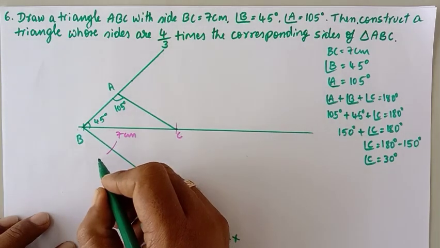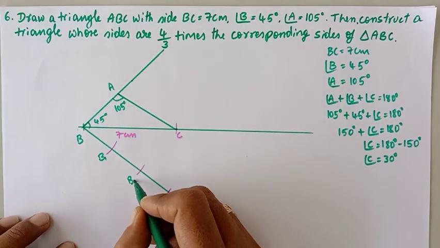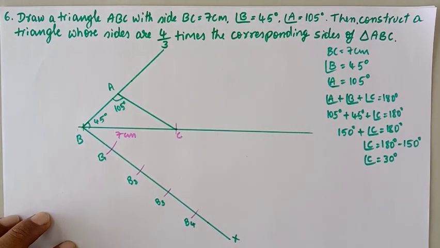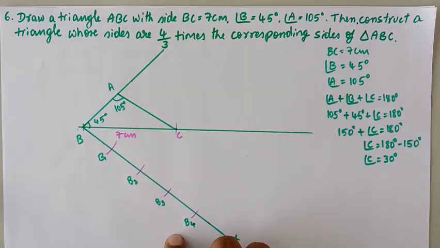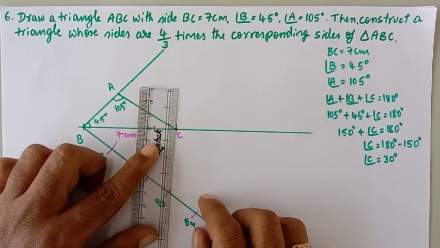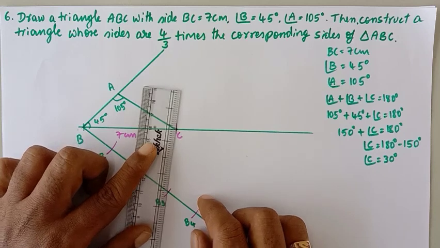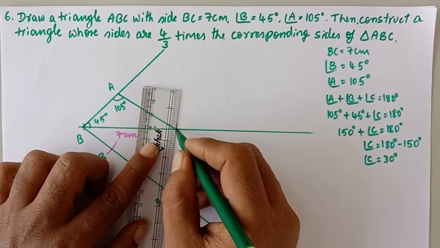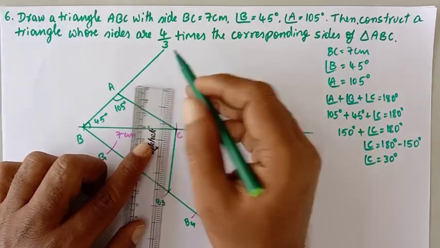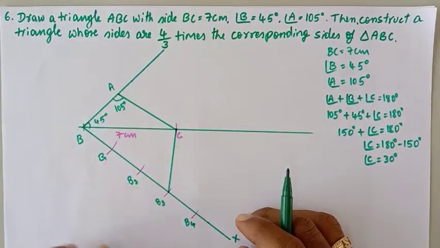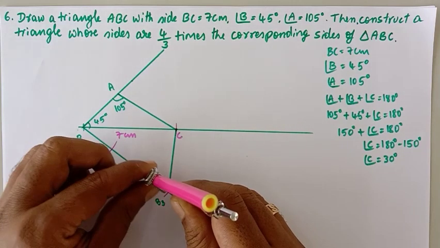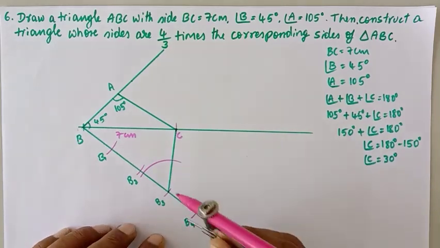So I will name them as B1, B2, B3, B4. Four parts are there, and then I will be joining B3 with C. The denominator is 3, so I am joining B3 with C, and then I am taking the compass and cutting an arc from B3.